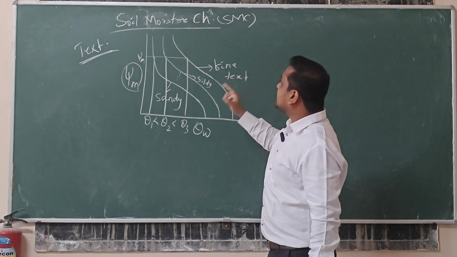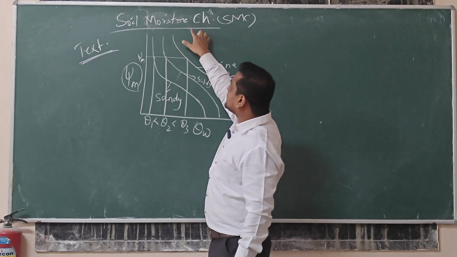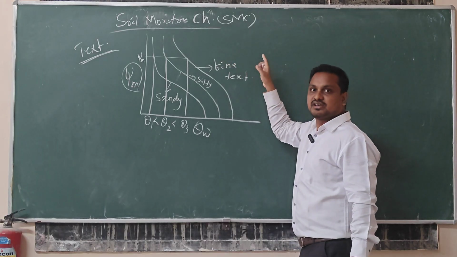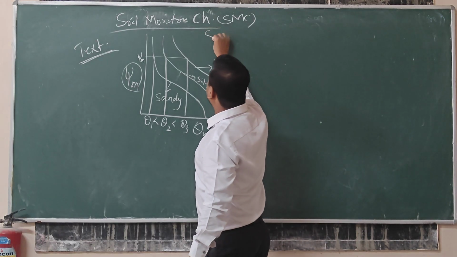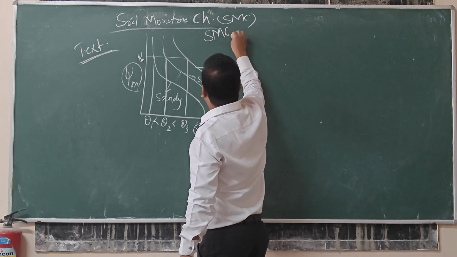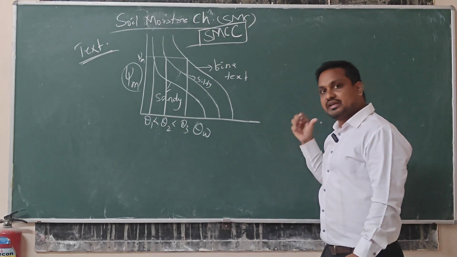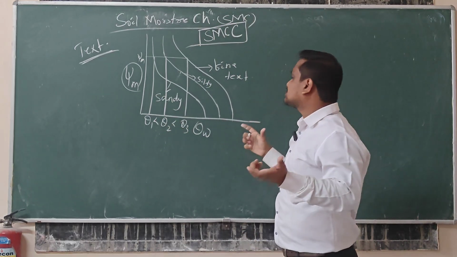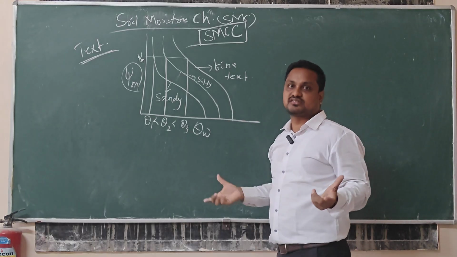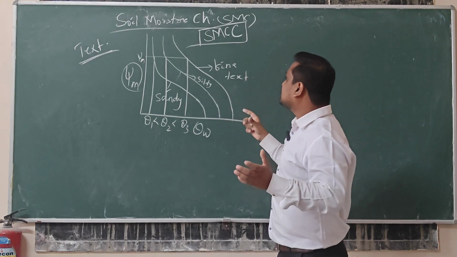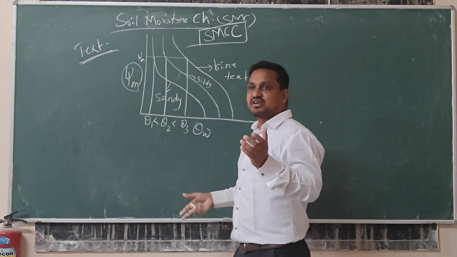So that's why when we quantify the soil moisture characteristics, we normally see it as the soil moisture characteristics curve. In exams, it is a most often asked question: what is the soil moisture characteristics curve? You can draw this figure and compare with these different properties.